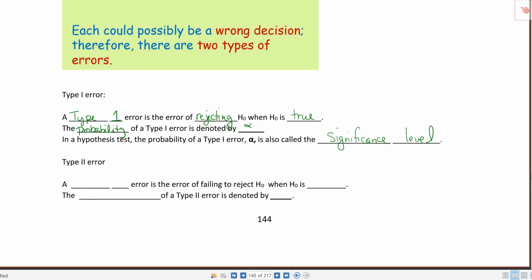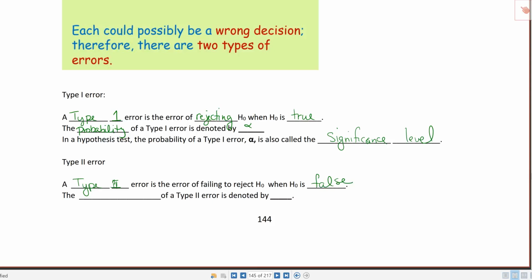And then a type 2 error is the error of failing to reject the null hypothesis when you really should have rejected it. So when it was false. Okay?